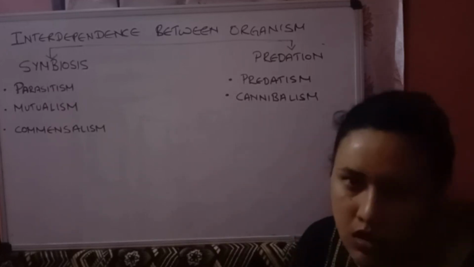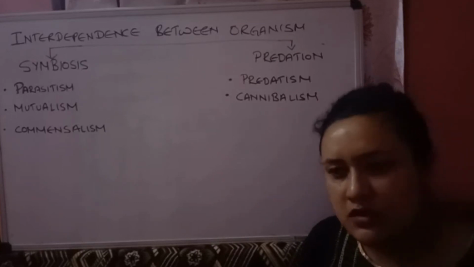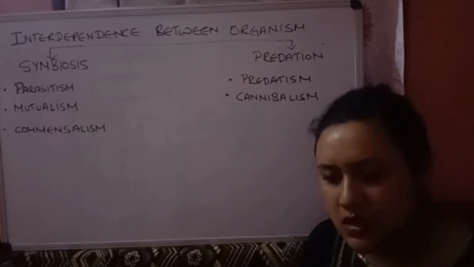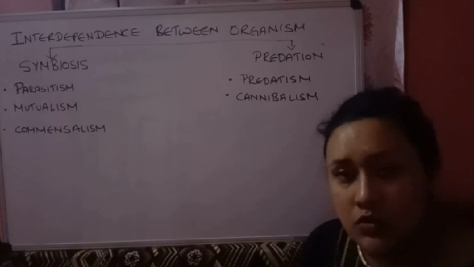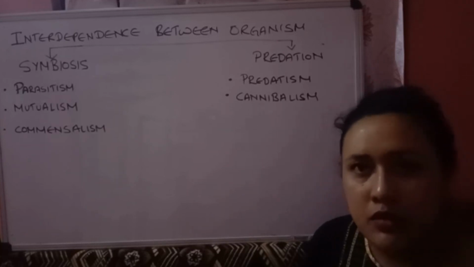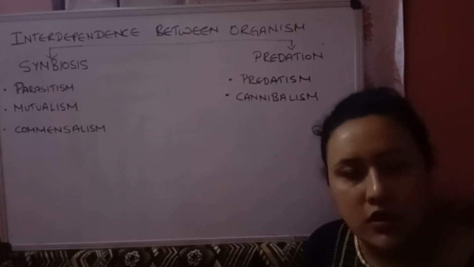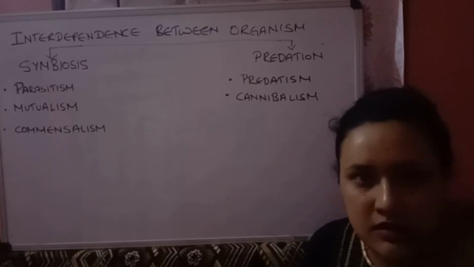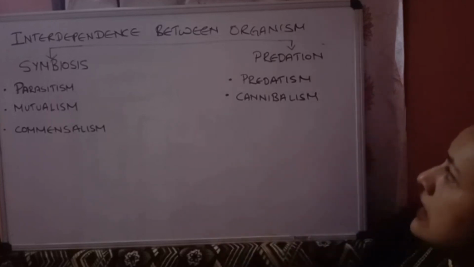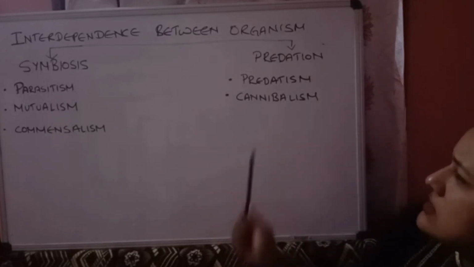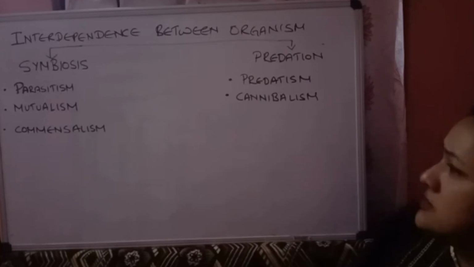It may occur between the same species, meat eating, or between different species like plants and animals. Like the example I gave of a rabbit and a radish or carrot, they are different species. That type is known as predation.